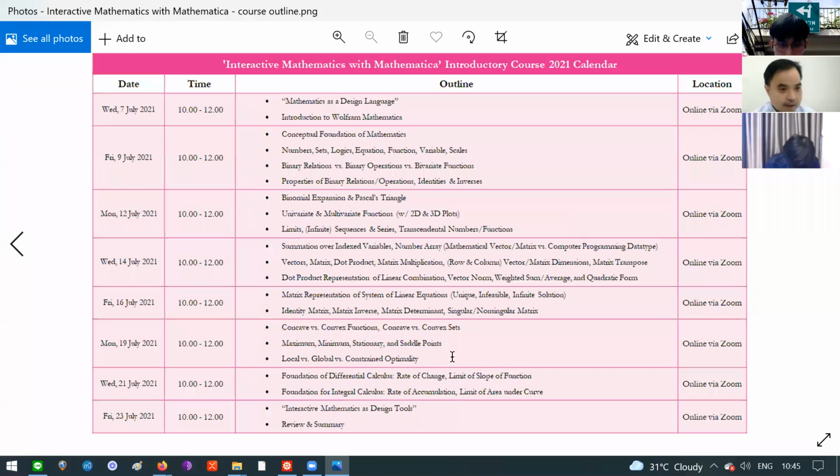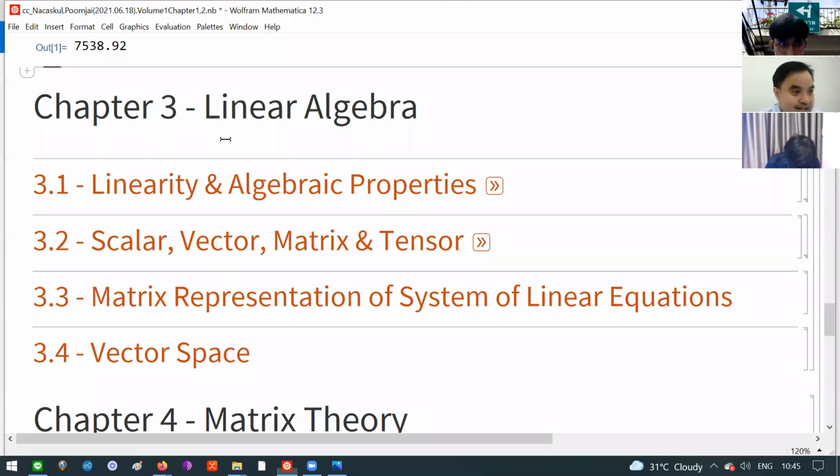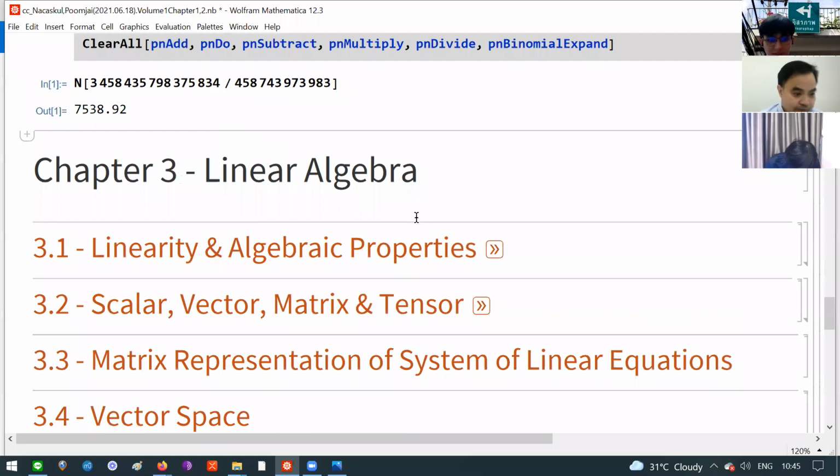So you have seen that I can create a set of things, a set of numbers.